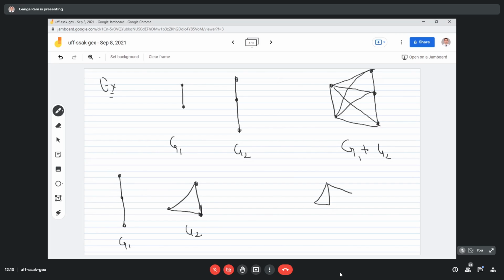Okay, we can take it: there are three vertices and also three vertices. We can take the copy of these three vertices, and we can take the copy like this.